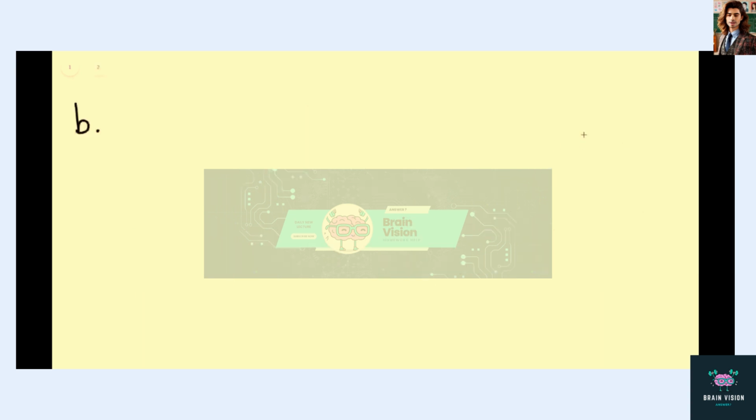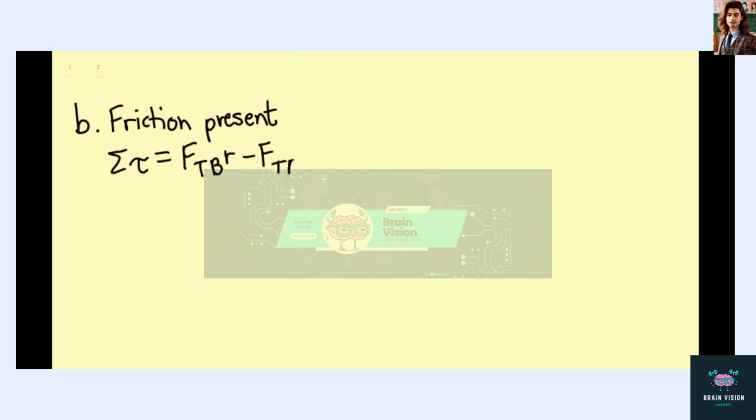For part B, now we have a frictional torque present, so friction present. And we can simply modify the equation from part A. So we can say that the sum of the torques is going to be equal to the force tension sub B times R minus force tension sub A times R minus the frictional torque.